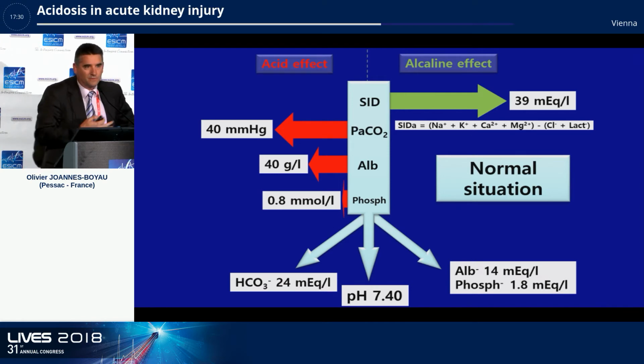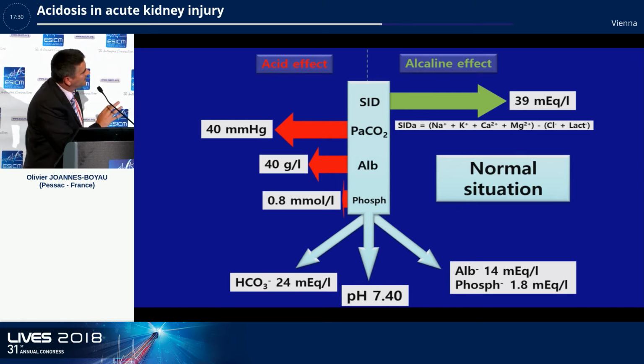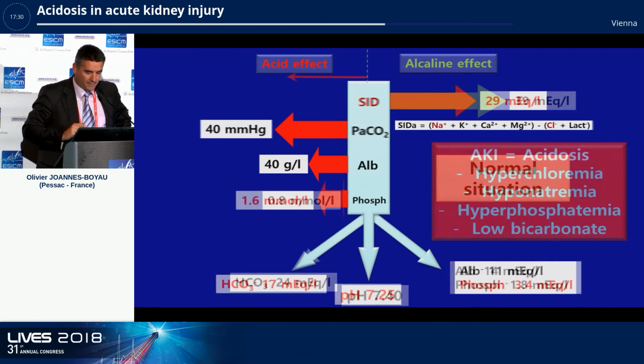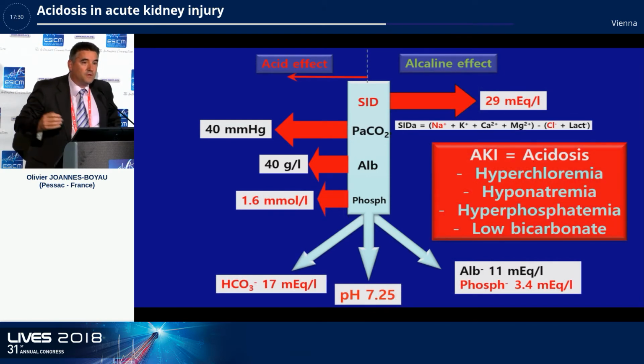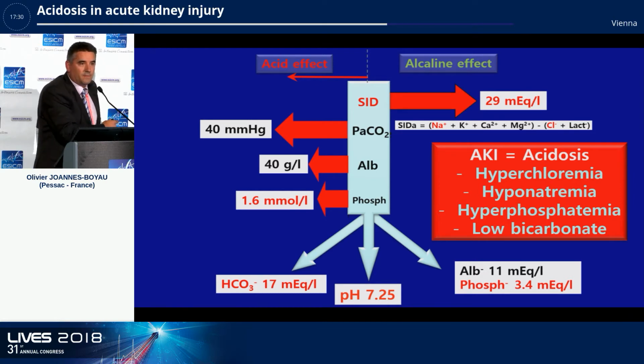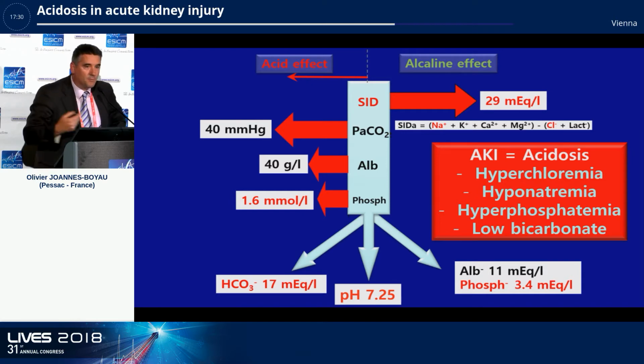In normal situation, as Carol explained, you have this type of situation with equilibrium. But if you have an acute kidney injury, you have seen all the parts that can fail to do the work. And due to this, you have low sodium reabsorption, hyponatremia. You have low chloride excretion, hyperchloremia.